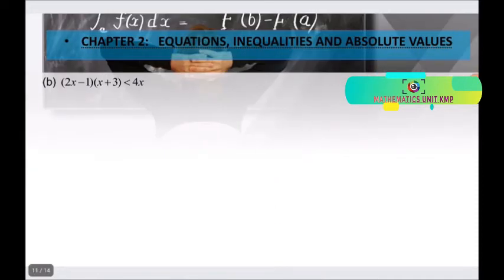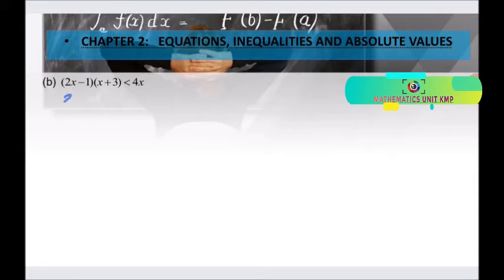Next question, we have 2x minus 1 multiplied with x plus 3 less than 4x. For this, we need to expand the expression and then simplify it into a quadratic. So let's expand the left hand side.